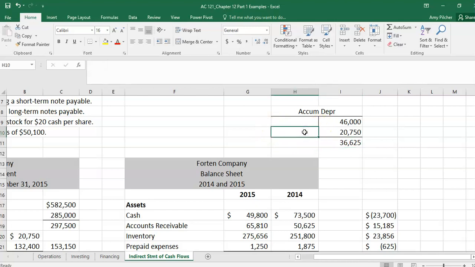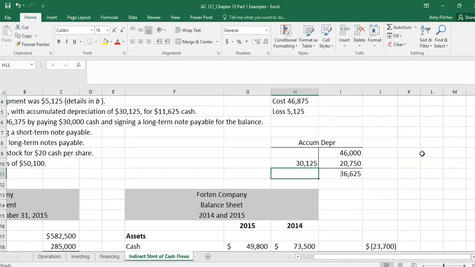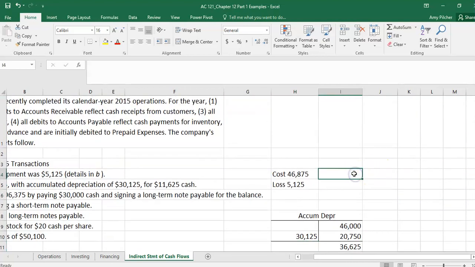So we need to find that amount. Well, we know that amount is the beginning balance plus depreciation expense minus our ending balance. That tells us that the accumulated depreciation for this piece of equipment was $30,125.